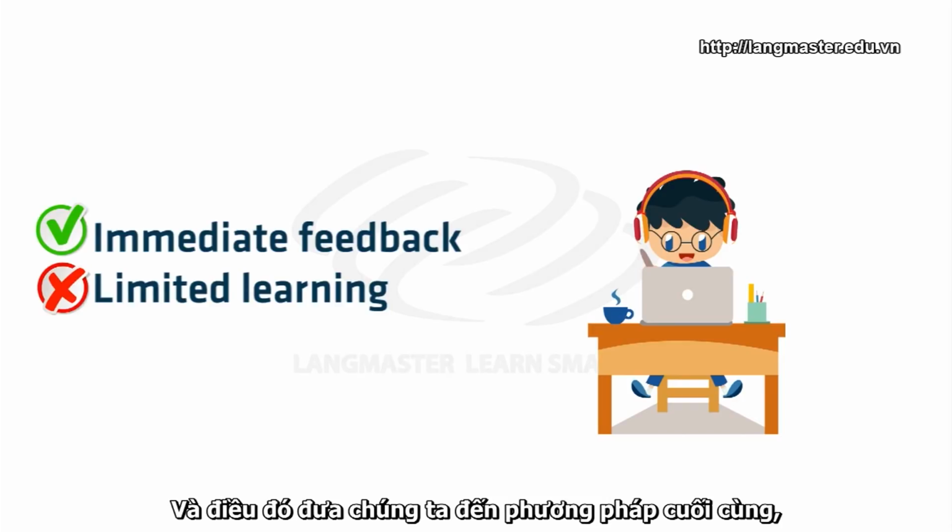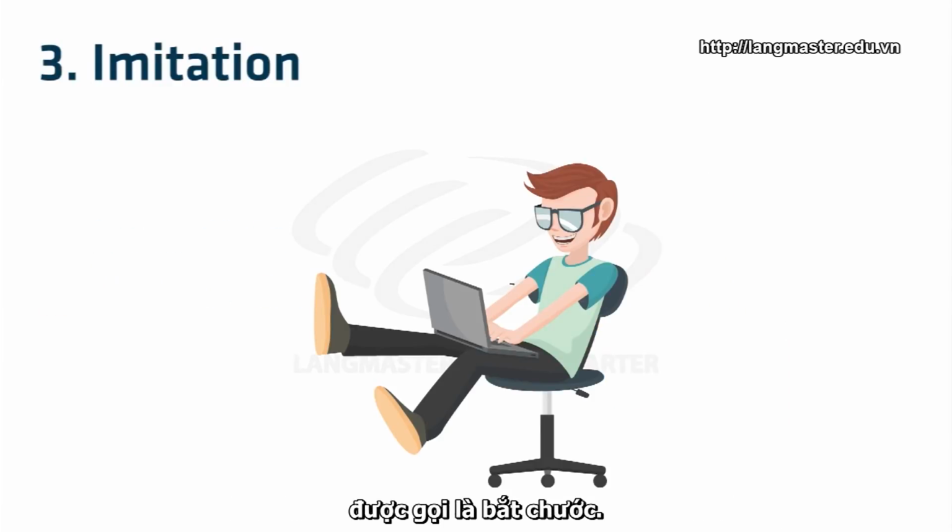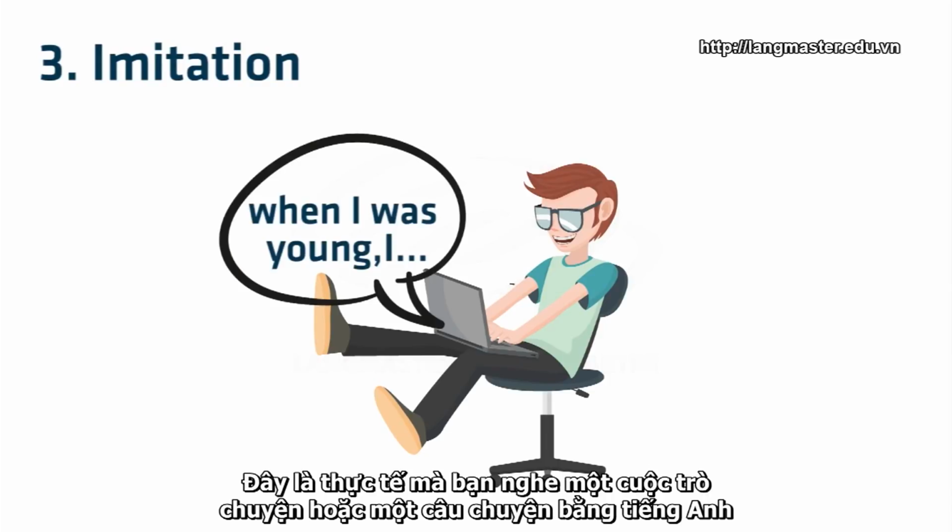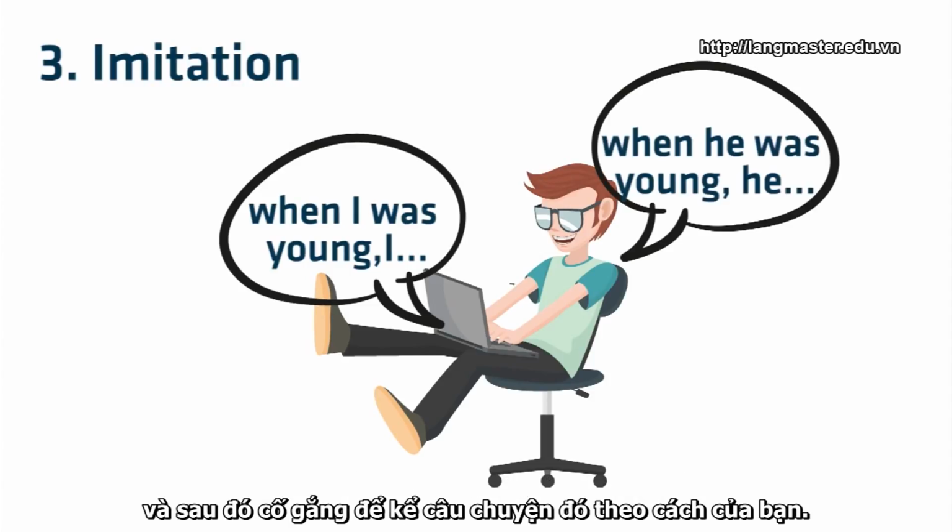When that happens, you're going to need to use a different method in order to keep getting better. And that brings us to the last method, which is called imitation. This is the practice where you listen to a conversation or a story in English and then try to tell that story in your own words.